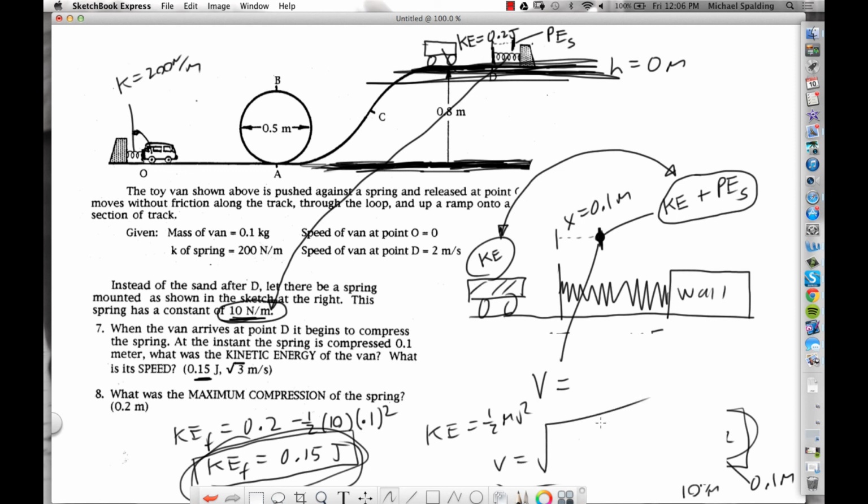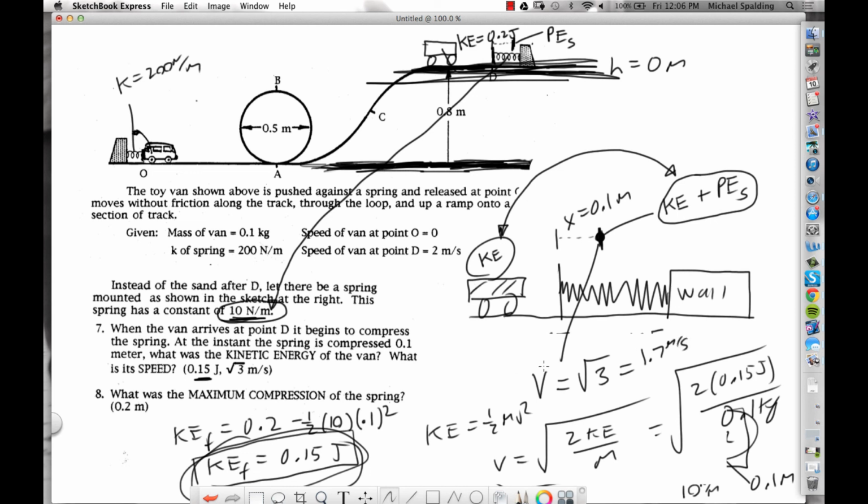So v is going to be the square root of 2 times kinetic energy over m. That's 2 times 0.15 joules over, what's the mass? 0.1. So this comes out with a velocity of square root of 3, which is 1.7. But here, the worksheet just says square root of 3. Okay.